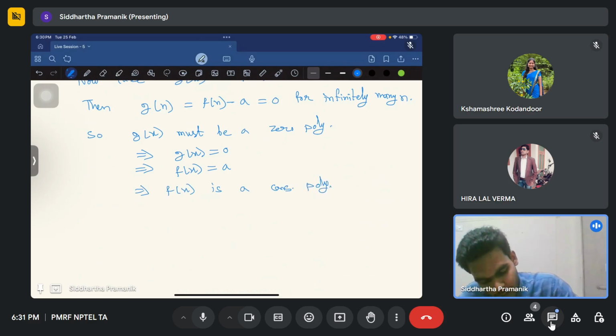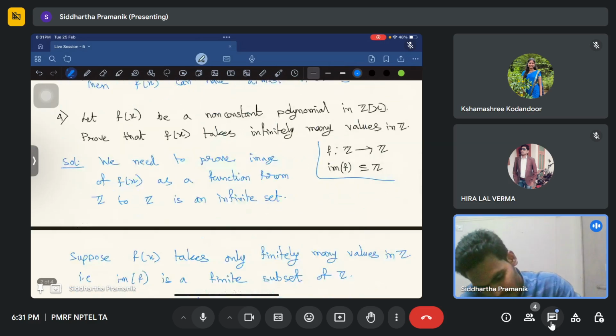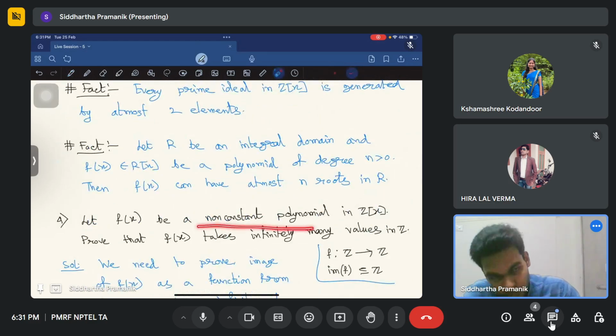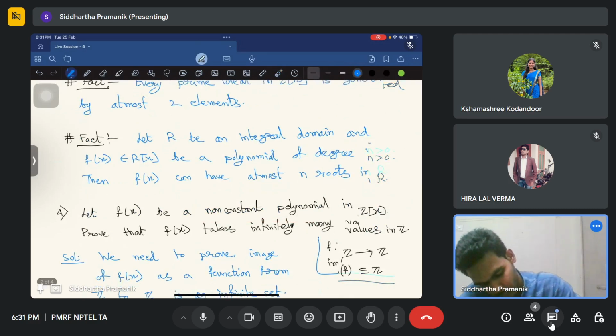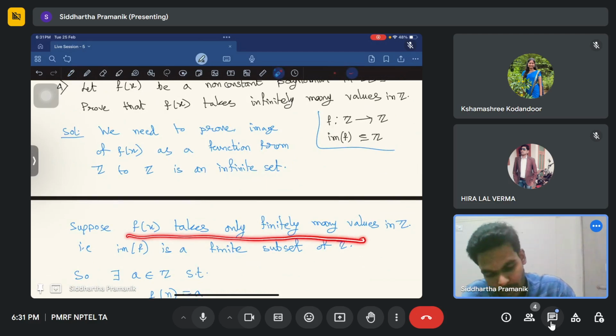But this is a contradiction, right? Because in the statement itself we have assumed that f(x) is non-constant. So this cannot be true. So what we have assumed is wrong. So we have assumed that f(x) takes only finitely many values. So this cannot be true.